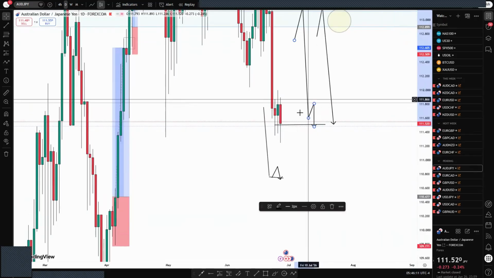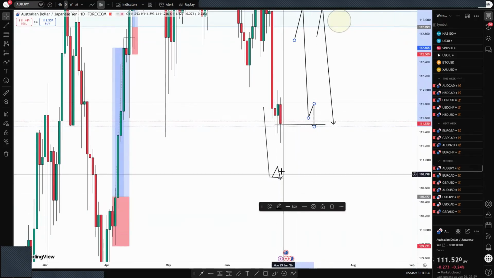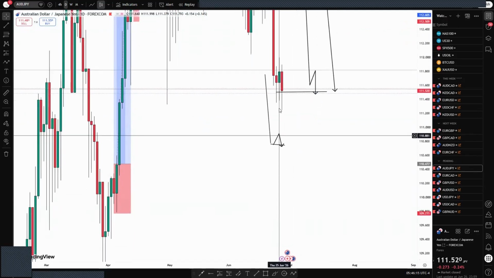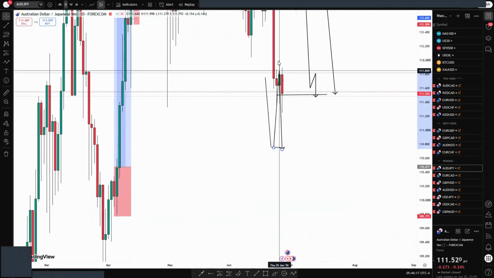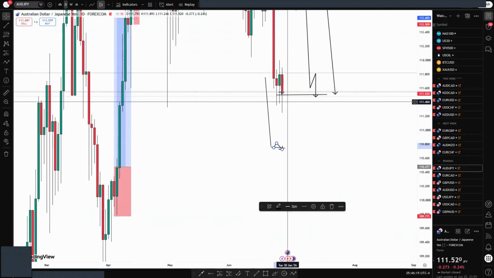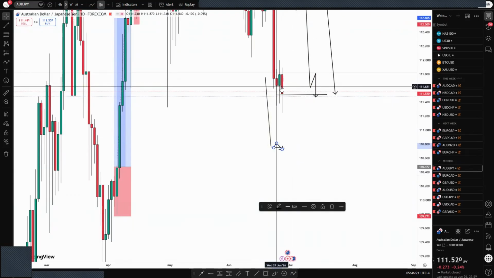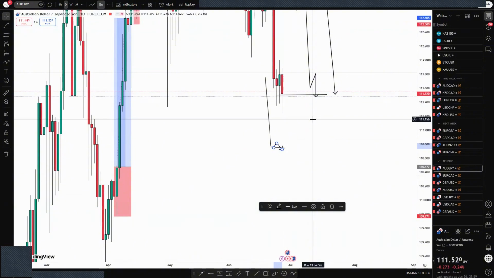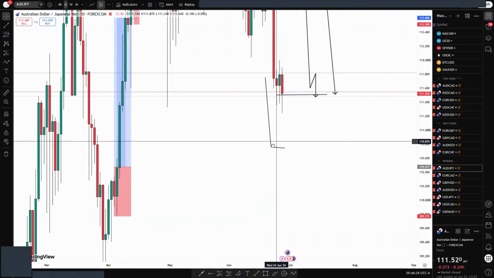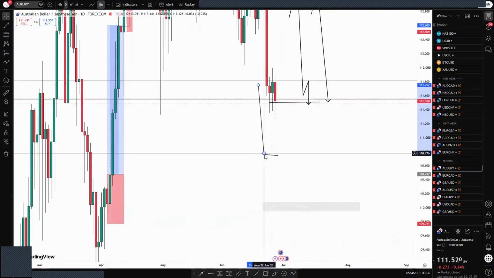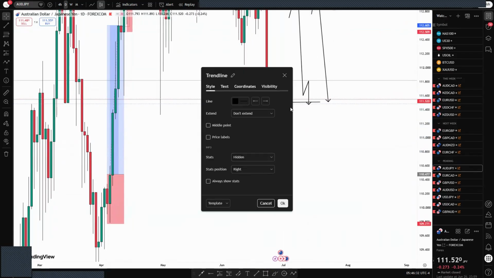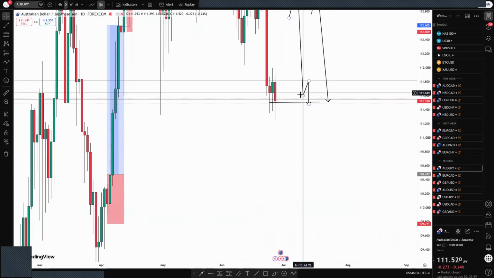Yes, on the upper side you can see there is that curve forming right there, but the downside is just more of a line. So I won't regard this as a lower high.